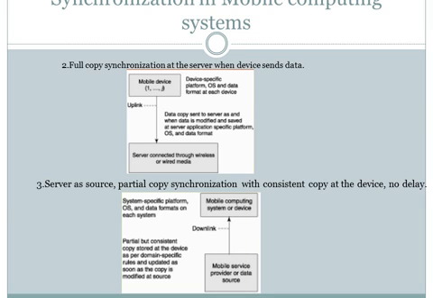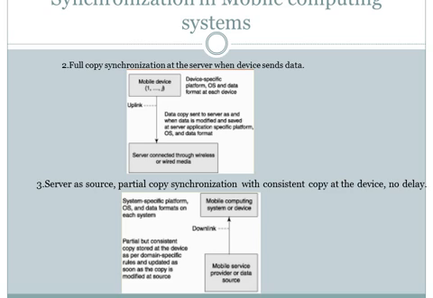Whenever the data is coming from the server to the client, it refers to downlink. And you can see in the second scenario, as soon as a copy is modified at the server, it is updated at the client's database, hoarded at the client's database, in case of partial copy synchronization with no delay.